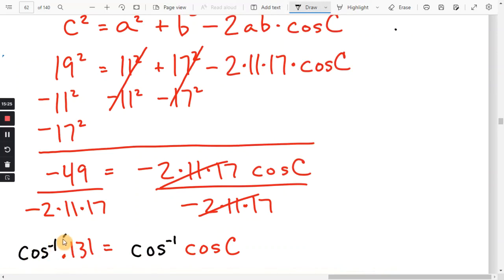Over here, cosine and inverse cosine cancel. So I'm going to do this part first on the calculator, and then I'll take the inverse cosine of that answer.